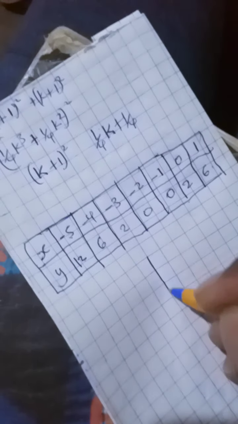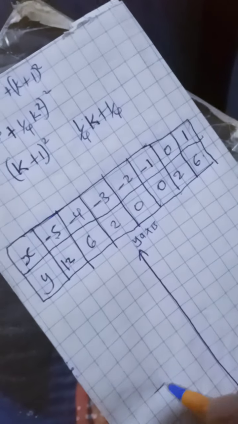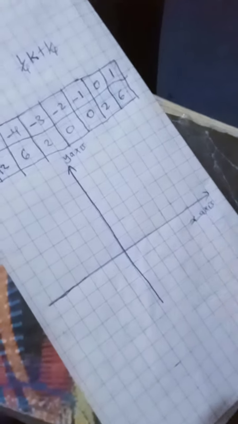So let's try to put this on a Cartesian plane, which is also our graph. The graph will look like this. This is the y-axis, then this one will be our x-axis.